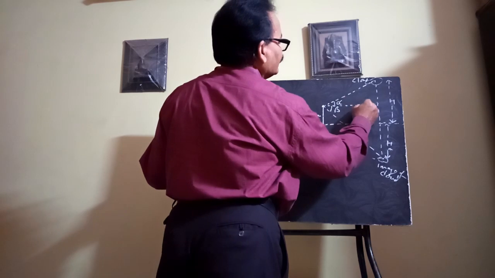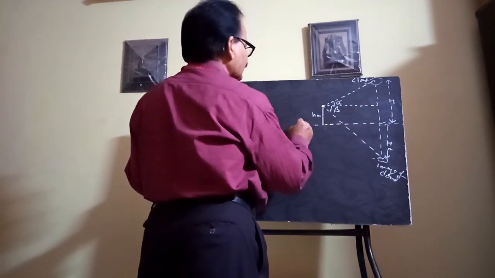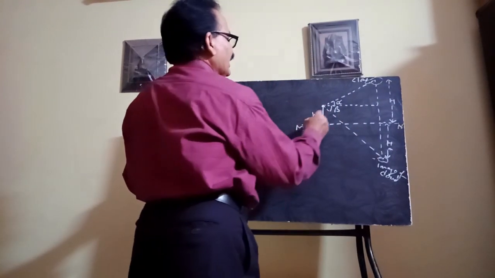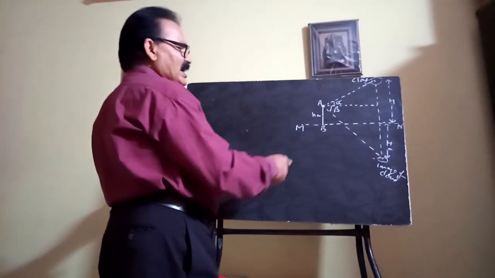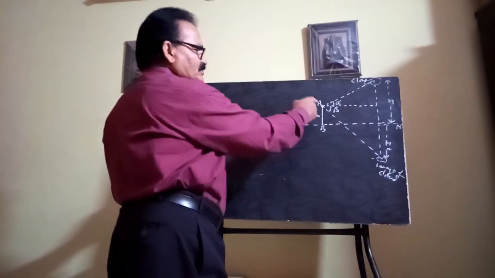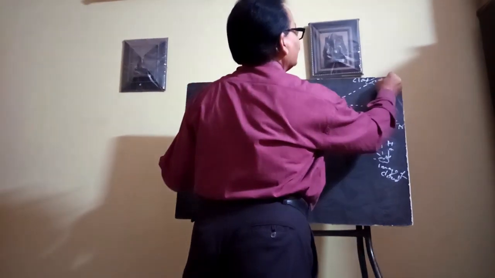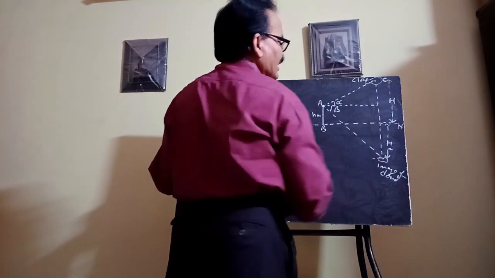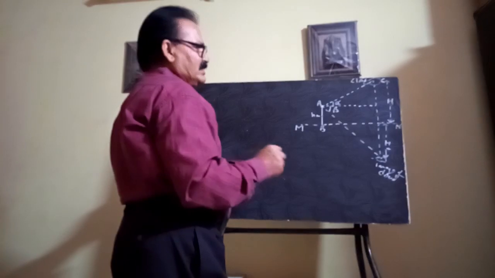So now you have to mark. Let us see, M and N is the lake surface, and AB is the height above the lake surface, that is h meter, and the observer is at A, and C is the position of the cloud, and capital H is the height of the cloud above the lake surface. Okay, clear?